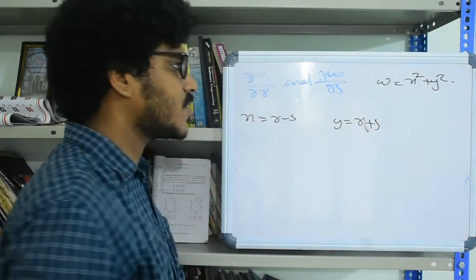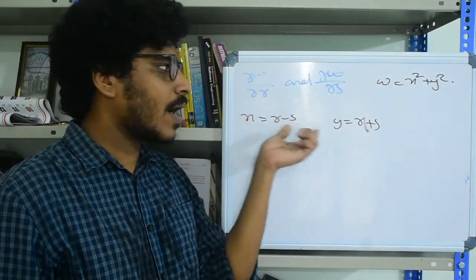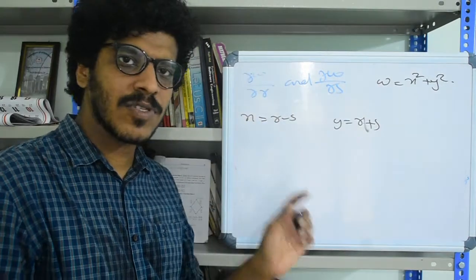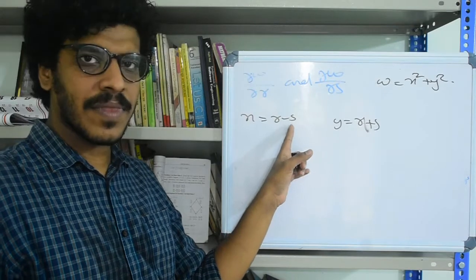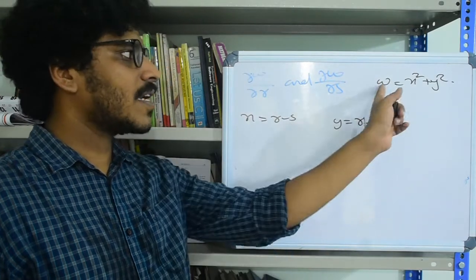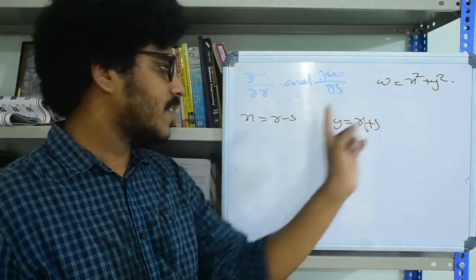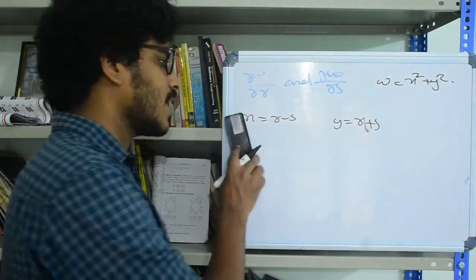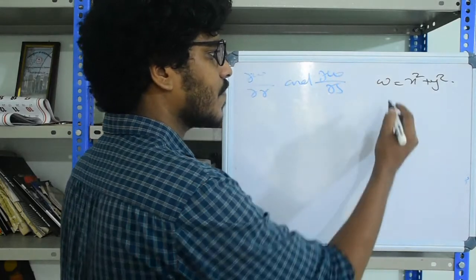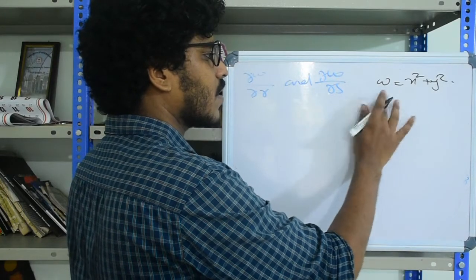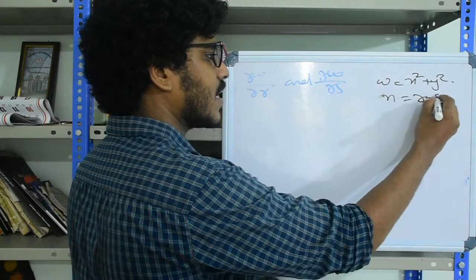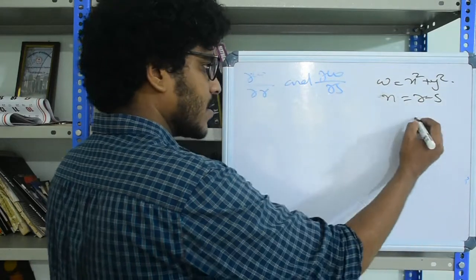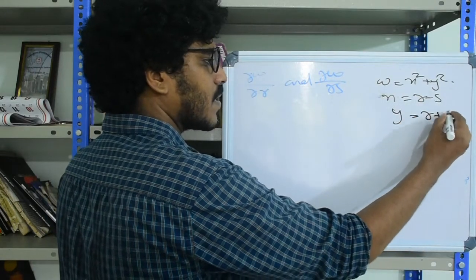Right. So the question is to find dou w by dou r and dou w by dou s in terms of r and s. Let's write this on the other side. So x equal to r minus s and y equal to r plus s.